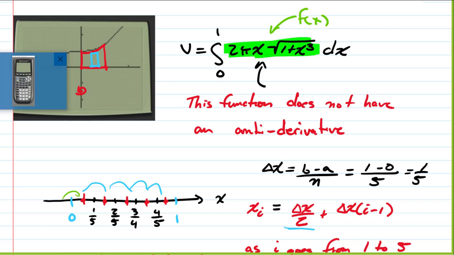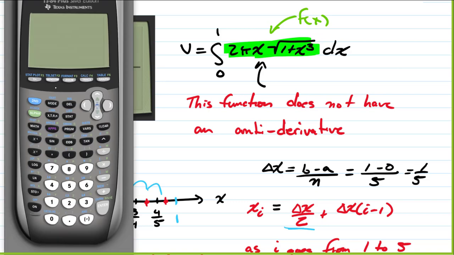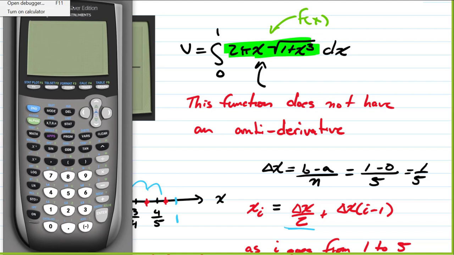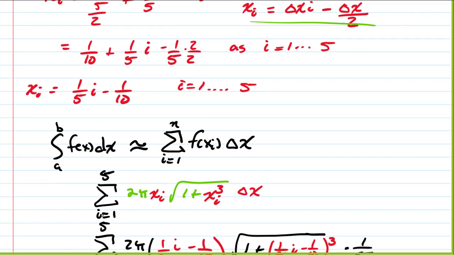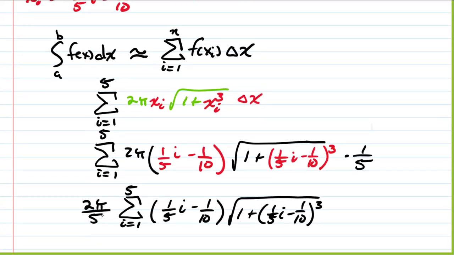So on our calculator, we're going to go to y1, and we have to put in this whole thing, so 2 pi x, and we're going to square root 1 plus x cubed. So we've got this thing in our calculator, and what we really want to evaluate is this sum.